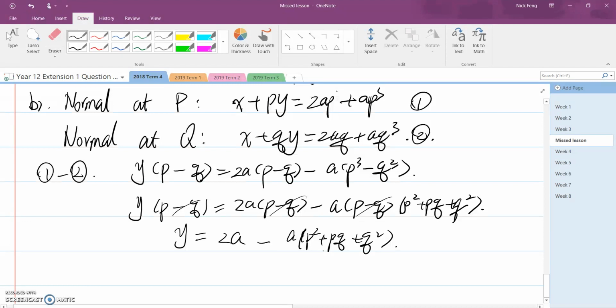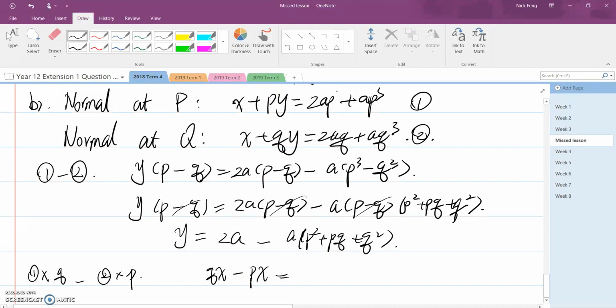The x coordinate, you can sub this back into one of them, but I don't like doing that. I just want to solve the simultaneous equations. So I just multiply the first one by q minus the second one multiplied by p. Therefore, I get qx minus px, and these two terms will cancel. That's the whole point.